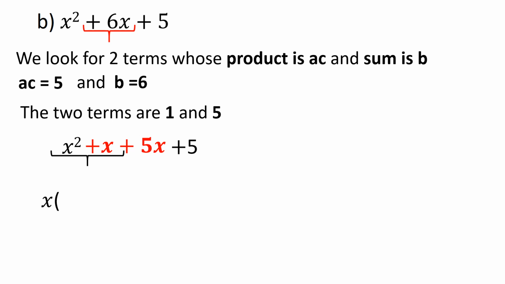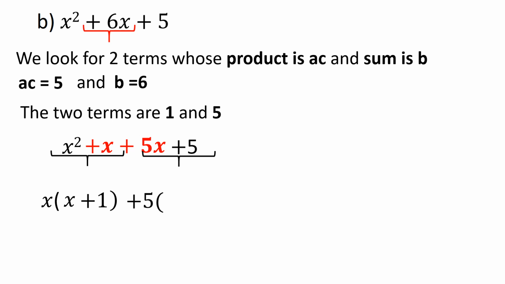Then inside the brackets we're going to have x plus 1, then close the brackets. The next pair is 5x plus 5. The common term here is positive 5.